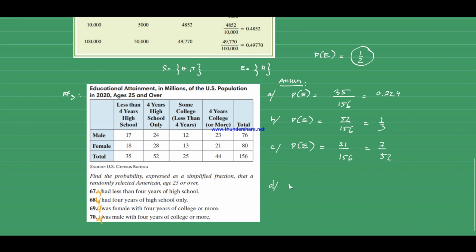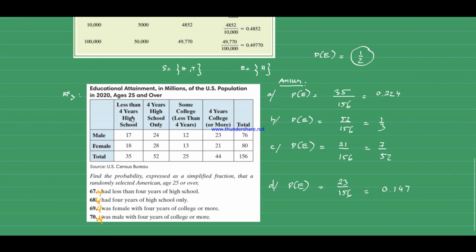And finally, we want to find the probability of a male with 4-year college or more, so it will be 23 over 156, which is about 14.7%.